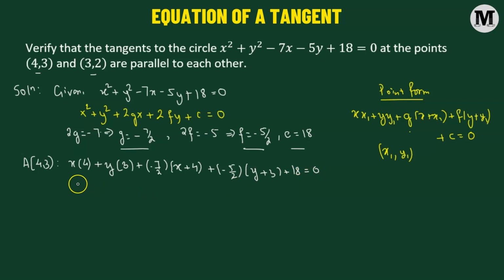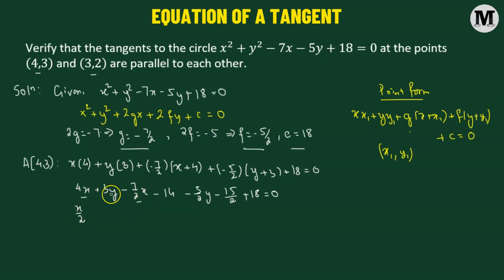So let's further simplify. We have 4x plus 3y minus 7 over 2 times x, then negative 14, then negative 5 over 2 y, minus 15 over 2, plus 18 equals 0. Now 4x minus 7 over 2 x is x over 2.